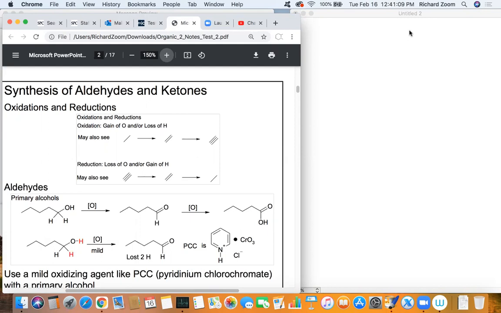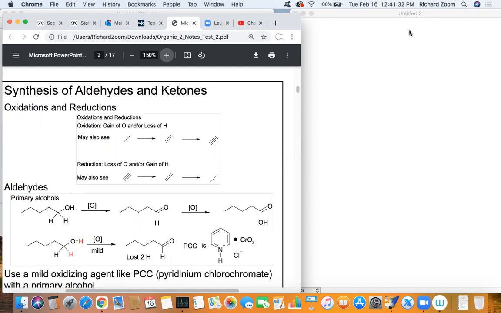Those are oxidative processes. Reductions tend to be loss of oxygen and/or gain of hydrogen. The other thing we see there is a reduction in bond order, going from triple bonds to single bonds, double bonds to single bonds. So that's something you can look to determine if an oxidation or a reduction is occurring.